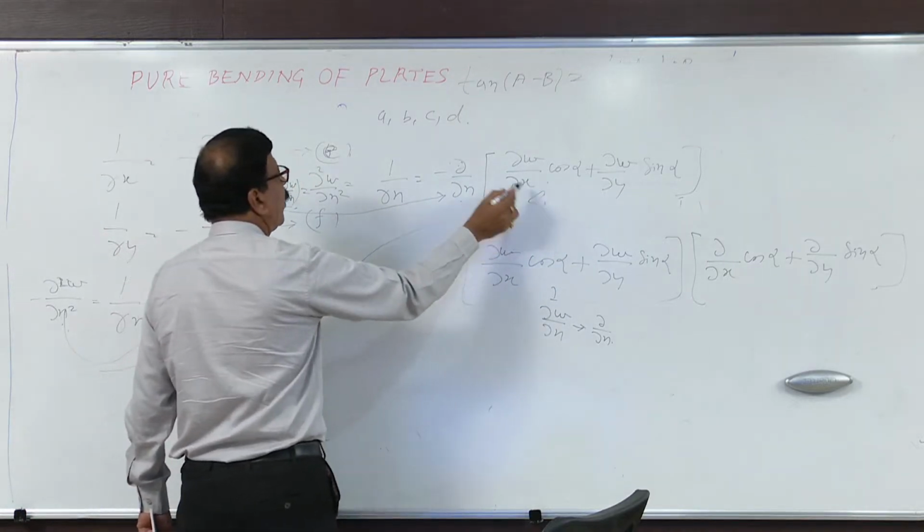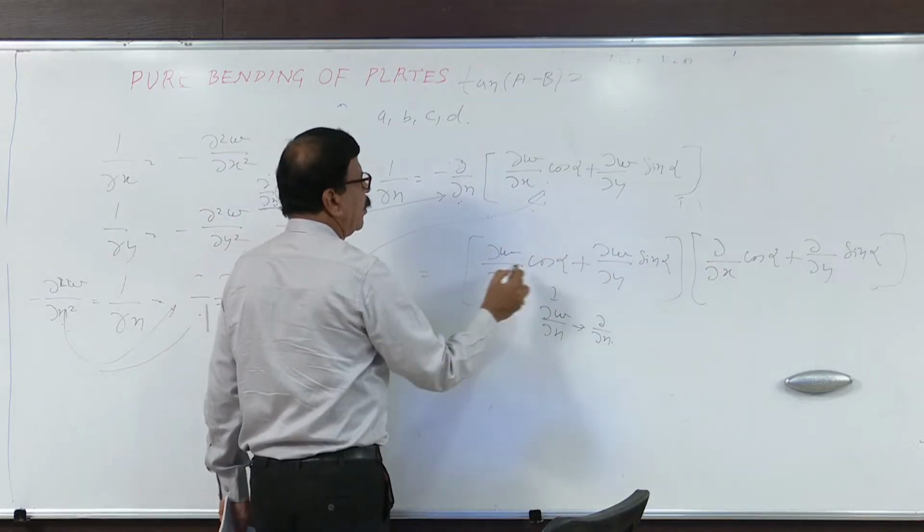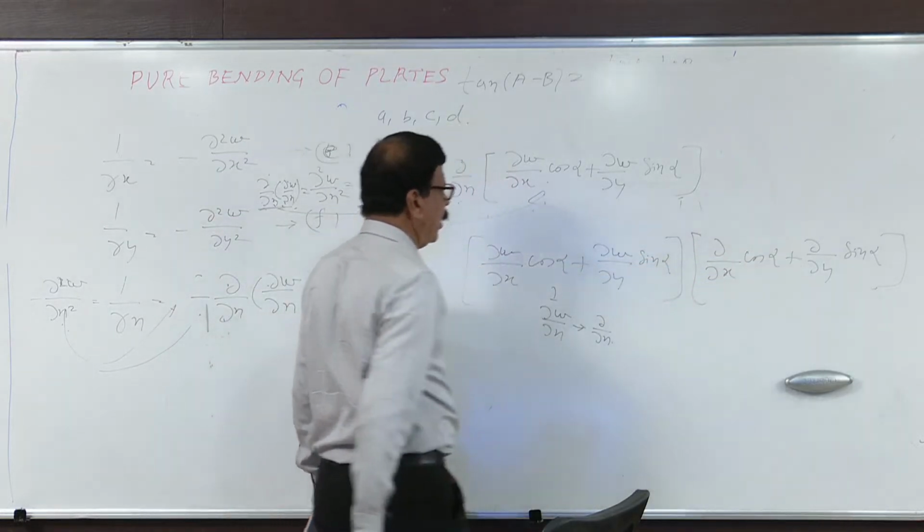So from this we can find del upon del n. We remove the W, so put it like this. Okay?